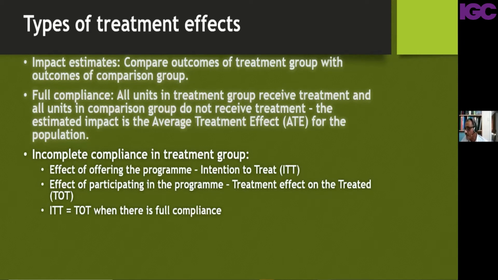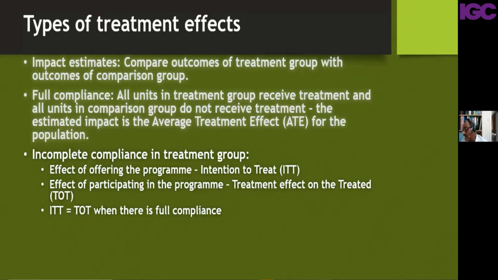Now, the effect of participating in the program for those who actually participated in the program, that is called the treatment effect on the treated, or the average treatment effect on the treated. Now, of course, if you have full compliance, then the intention to treat will be the same as the treatment effect on the treated.